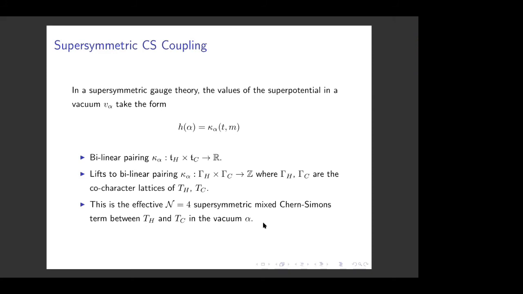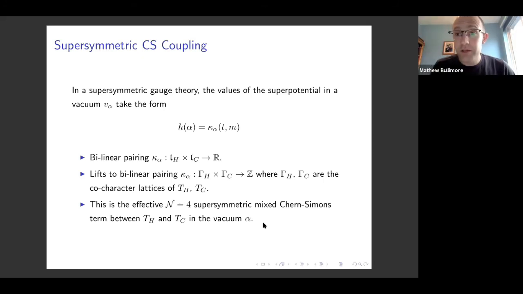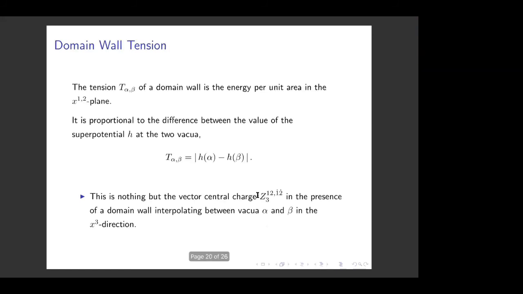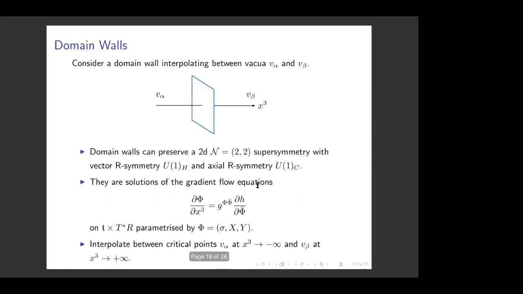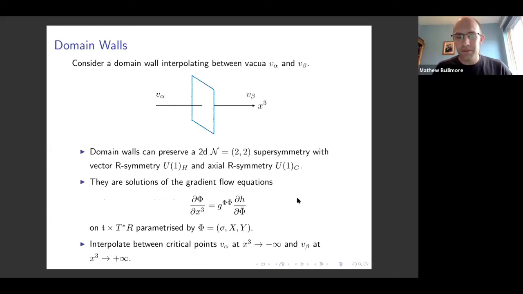So there was a question in the chat just a moment ago. The question was, does W not enter in the domain wall BPS equation or vector central charge? A question from the previous slide. Yeah, great question. Thank you. I skipped over that. No, it doesn't. You should just supplement this with dW equals 0.